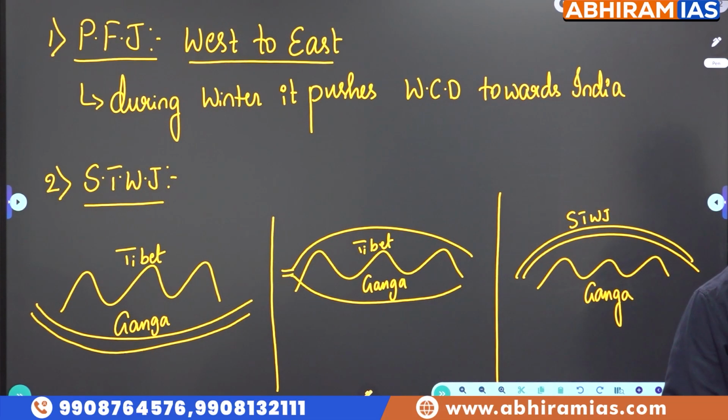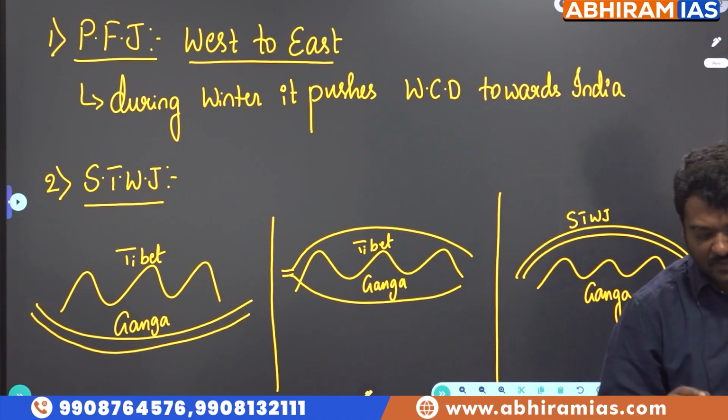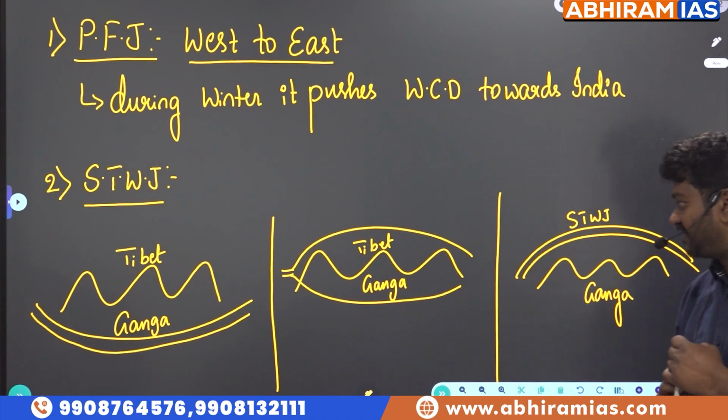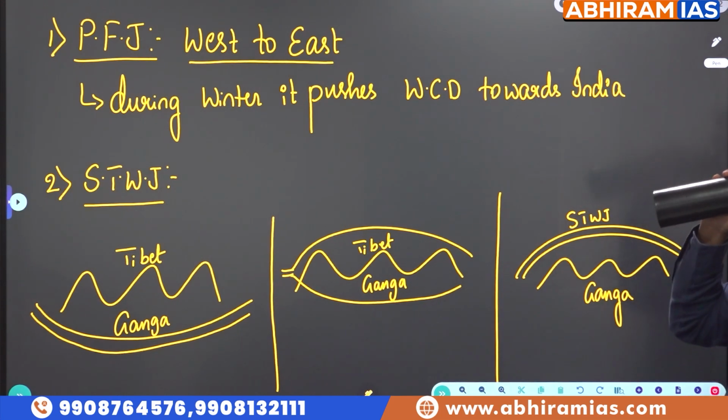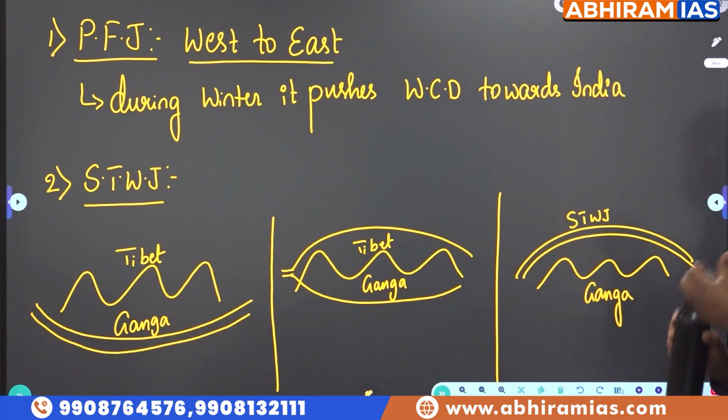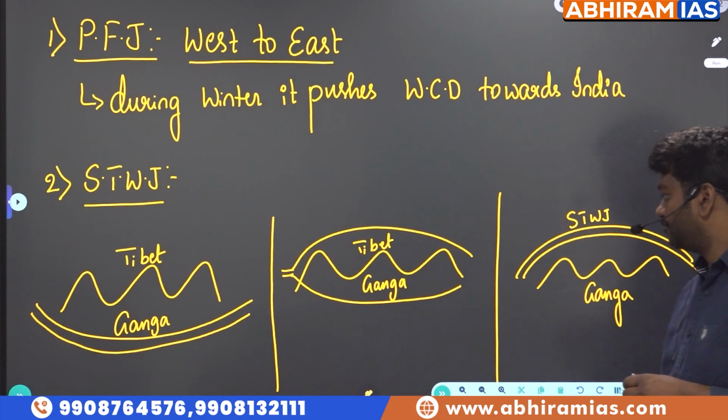When jet stream is present over the Ganga basin, it will not give rainfall.